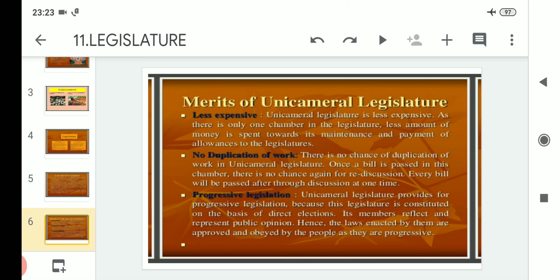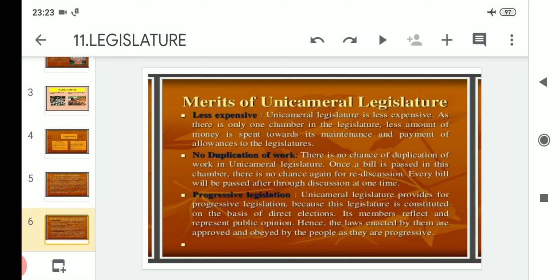So as a result, what happens? We can say that the Lok Sabha is the house where we elect the people and send them. So they will represent our wishes, all our wills, what we actually want from them. They will have a say in the parliament in the Lok Sabha.